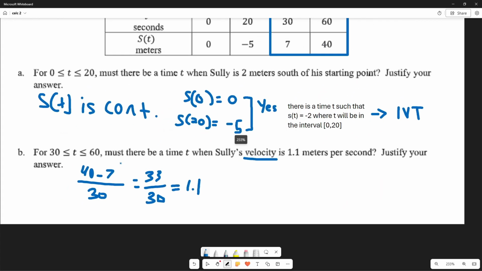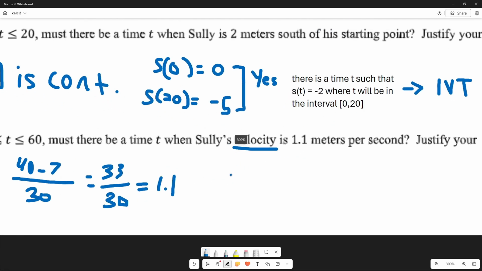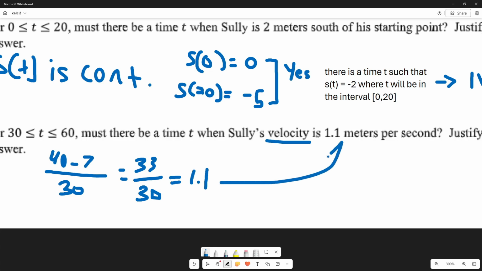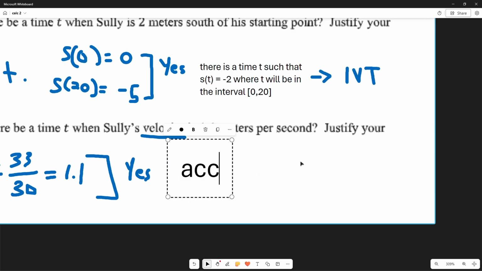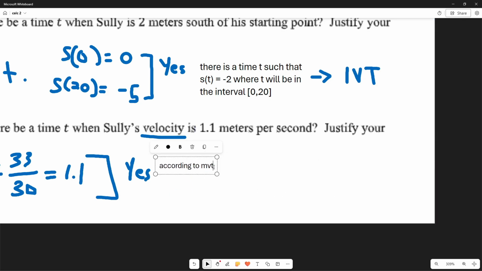So there is indeed a time t where Sully's velocity is 1.1. Our average rate of change equals our derivative. Therefore, we can say yes. And then you can say, according to the MVT, there is a time t such that s prime of t equals 1.1.